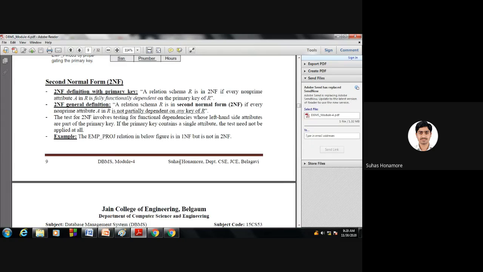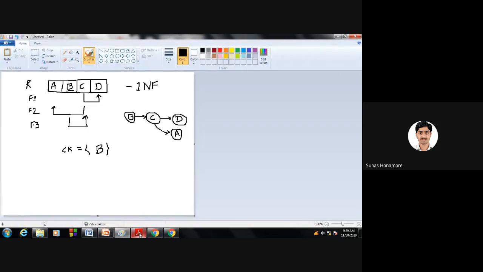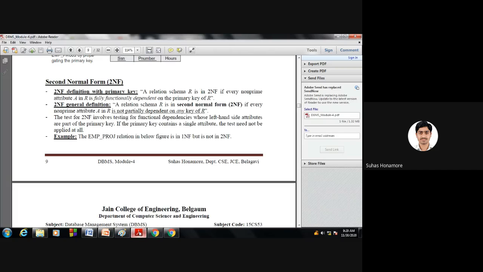Non-prime attributes here are C, D, and A. These three are the non-prime attributes. Now are they fully functionally dependent on the primary key or not?